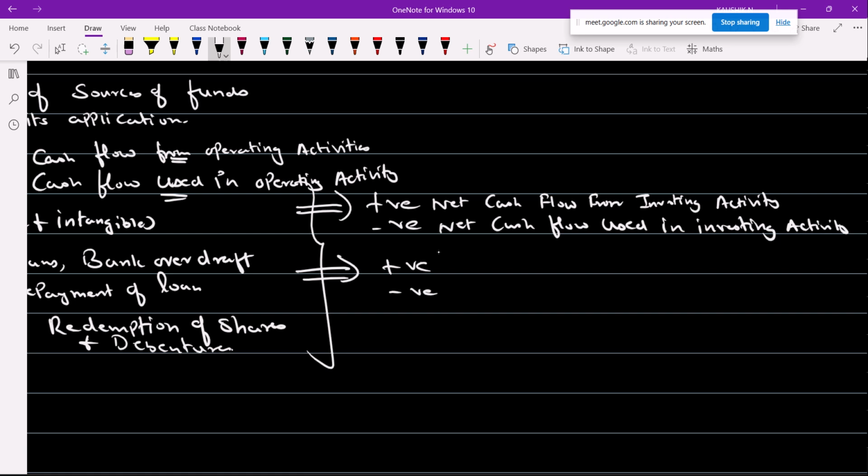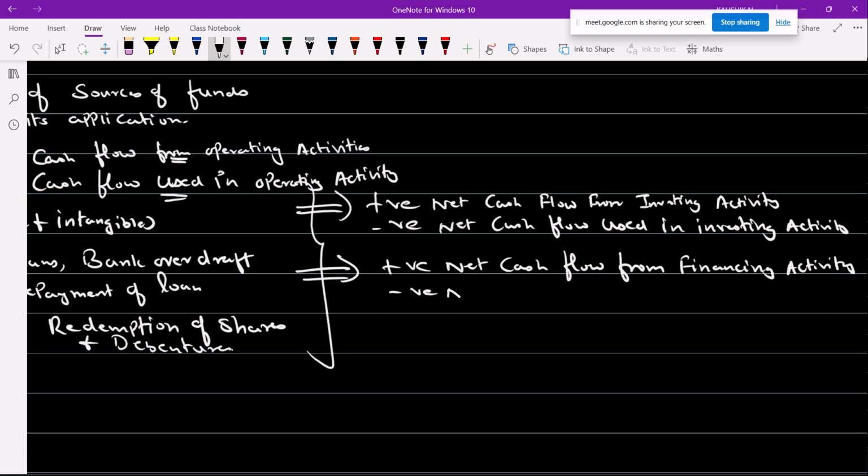Similarly, for financing activity, positive means you will say net cash flow from financing activity.